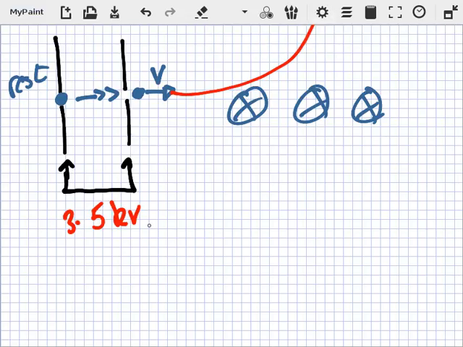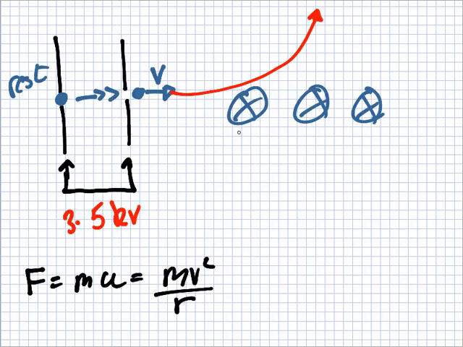So, you know that F equals ma, which equals mv squared over r, because it's traveling in a circle. But you also know, while it's in a magnetic field, the force that is making it travel in a circle is the force that we studied, QVB.